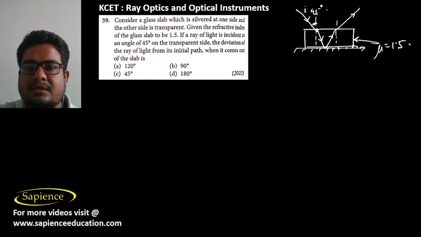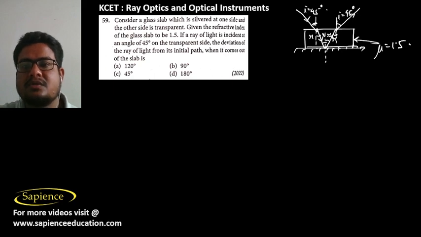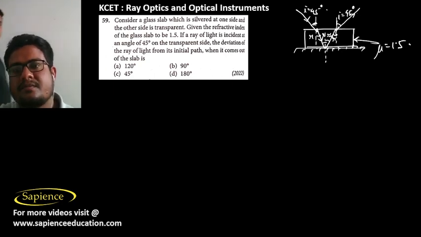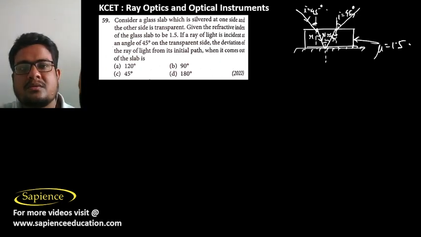Here this is angle I, this will be angle R, this will also be R, this will also be R, and this will again be I, which is 45 degree, since if we apply Snell's law, we shall see that the angle of emergence is also 45 degrees. Now the angle of deviation of this light we have to find.